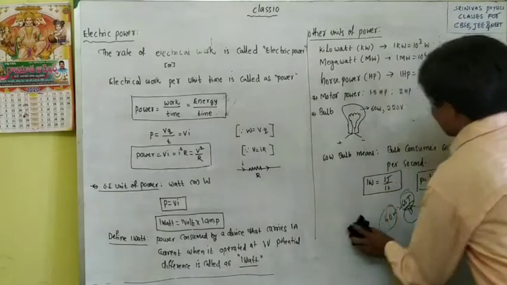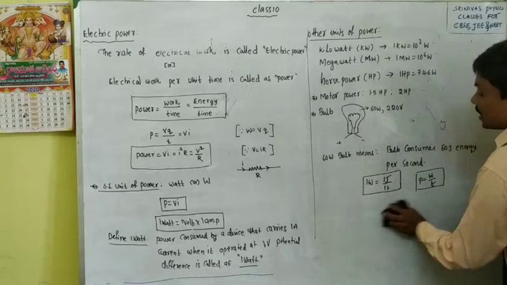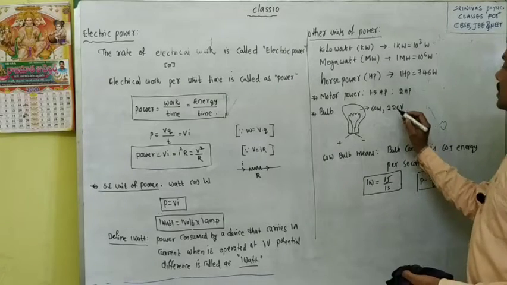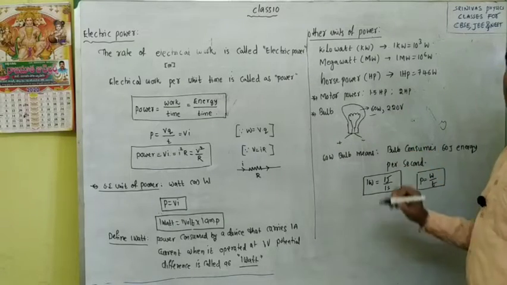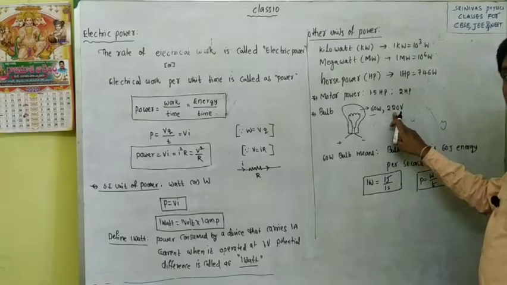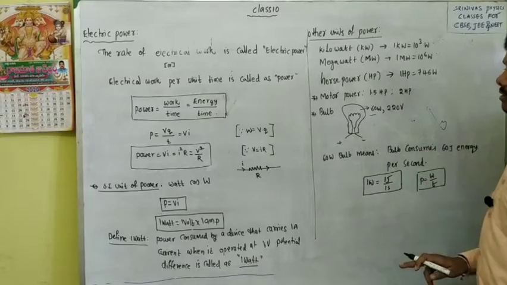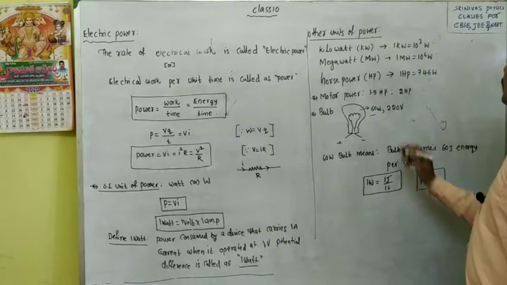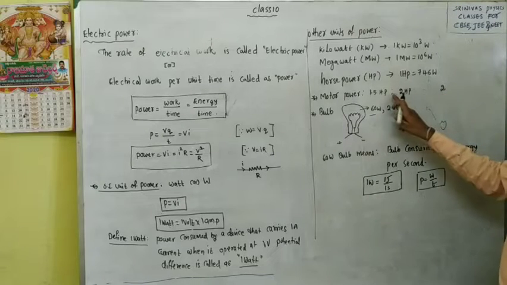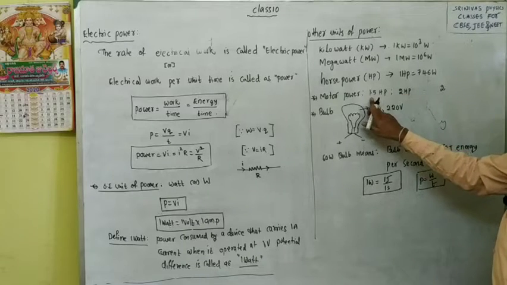That's why we get a monthly bill and have to pay, because we are using electrical energy. On every appliance a value is written: how much power it consumes and at what voltage it operates. For example, electric motors, water motors, pumping motors in a bore, 2 HP or 1.5 HP.